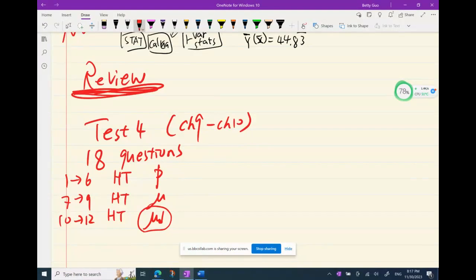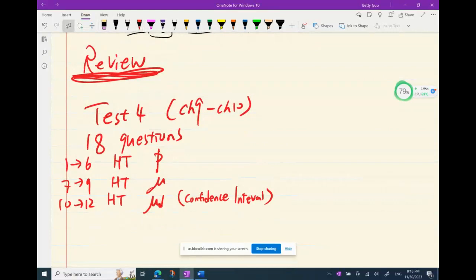If we have two data sets, they are dependent samples. Yeah, this also includes a question about the confidence interval. Not all of them are hypothesis testing. I just put them together. Yeah, 10, 11, 12 are about mu sub d. I think 2 of them are about hypothesis testing. 1 of them is to find the confidence interval.